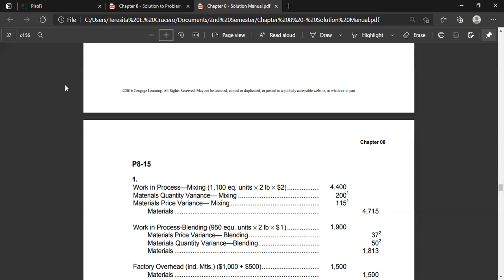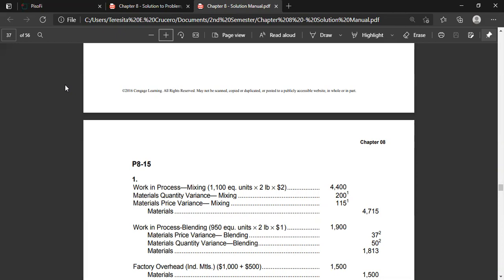Now your standard material requirement per unit is 2 pounds, and then we multiply it by the rate of 2. So we now get the amount of 4,400 at standard. Then the materials quantity variance is 200. That's the material quantity variance.